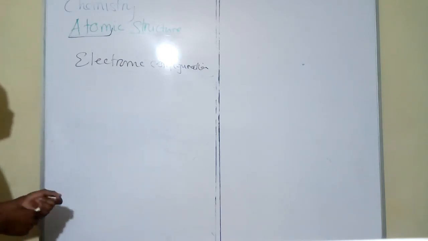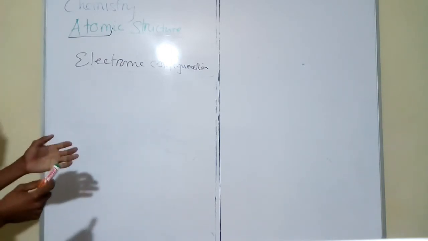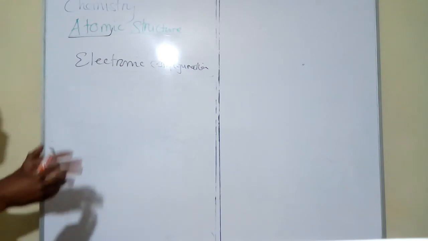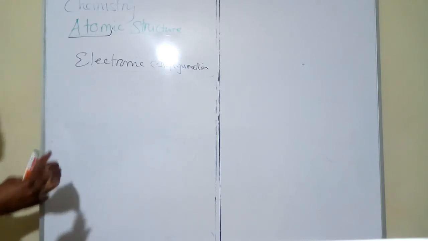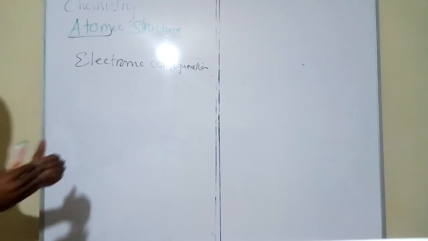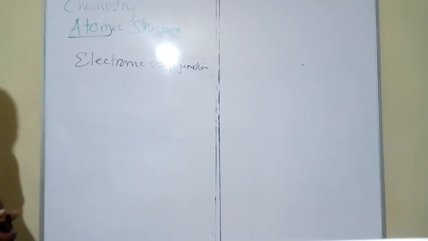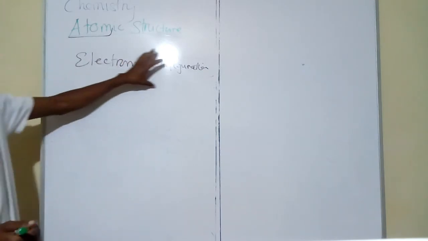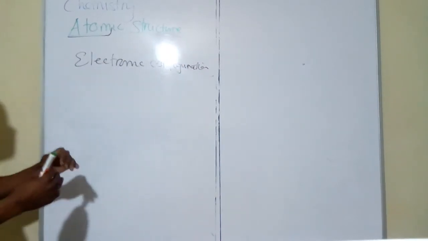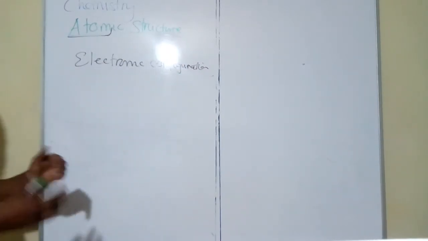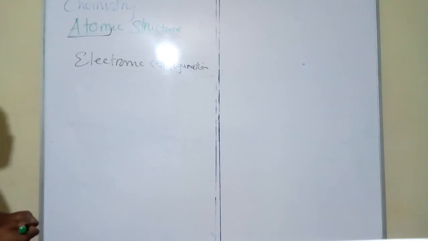Electronic configuration is the representation of the number of electrons in the form of shells, where you show all the energy levels starting from shell 1.